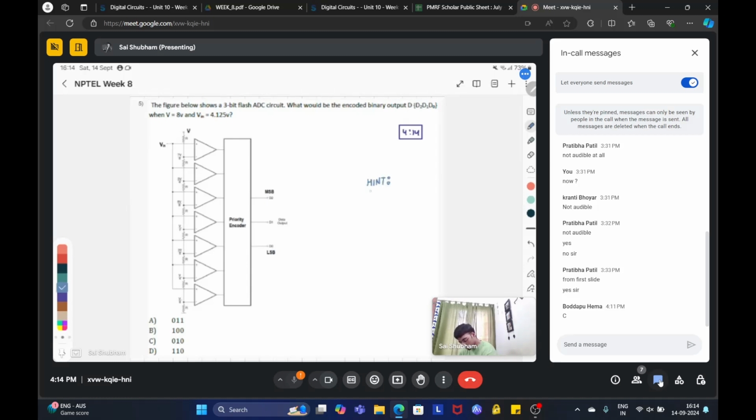So in this question, some concepts of quantization are essential. For example, if I have a wave like this and I have predefined output voltage states, like my reference voltages are like this.